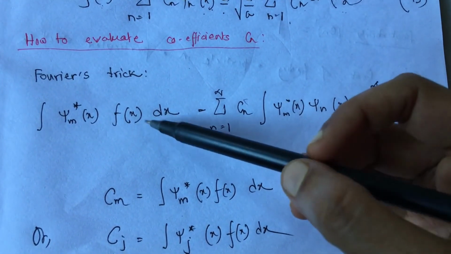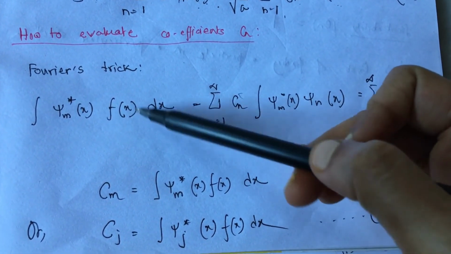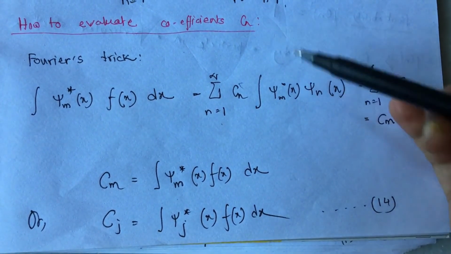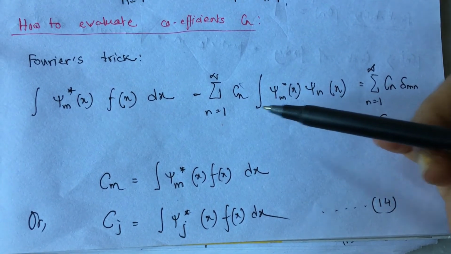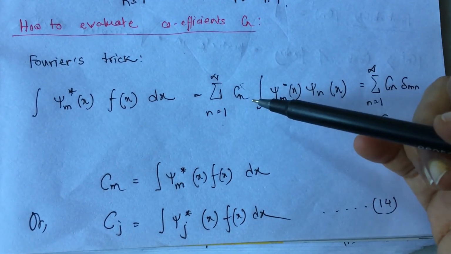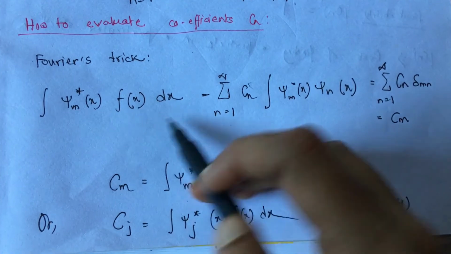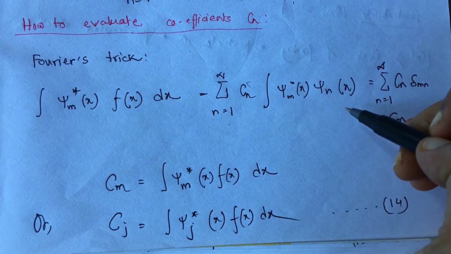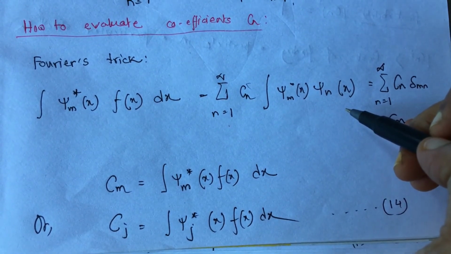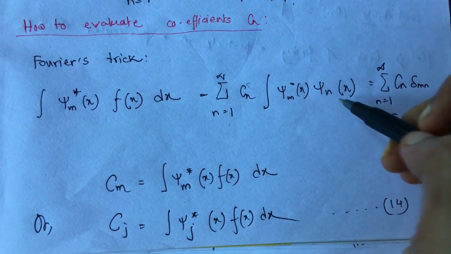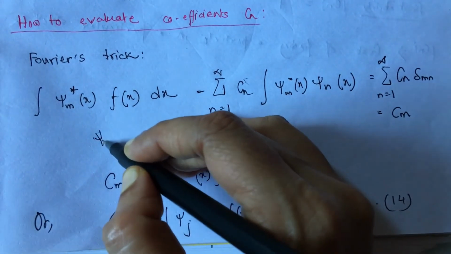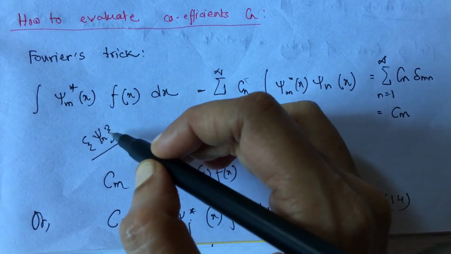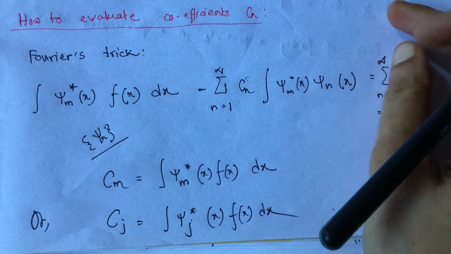For a given f(x), we can find these coefficients cn, and the Fourier trick is basically based on the normalization condition. It is exploiting the normalization condition of the whole set psi n(x). If psi is written like this, this describes the whole set of wave functions.